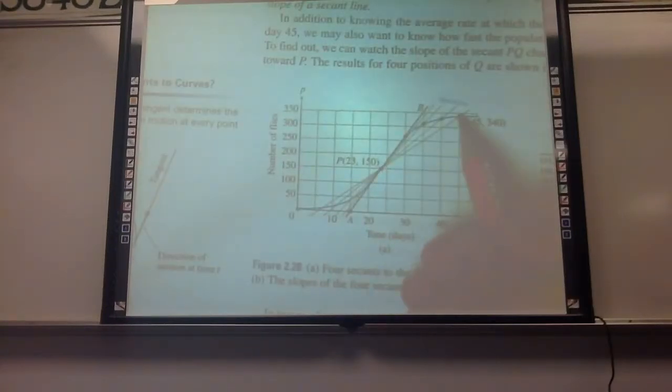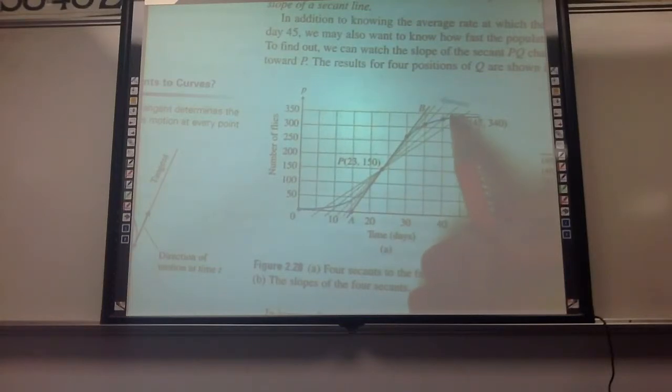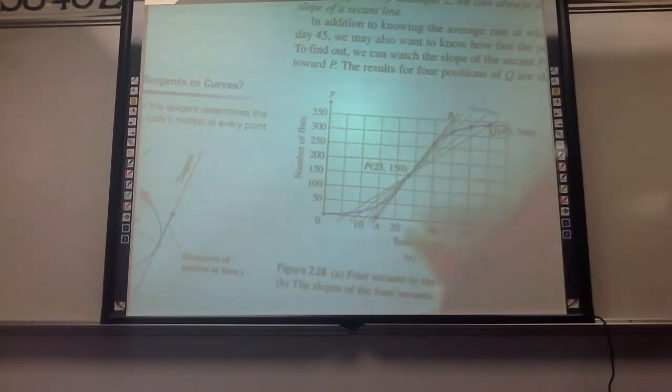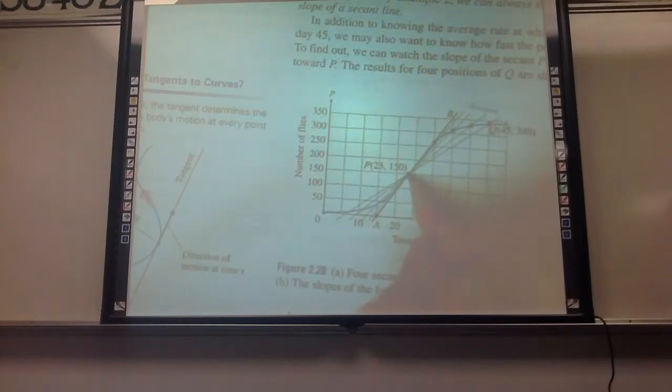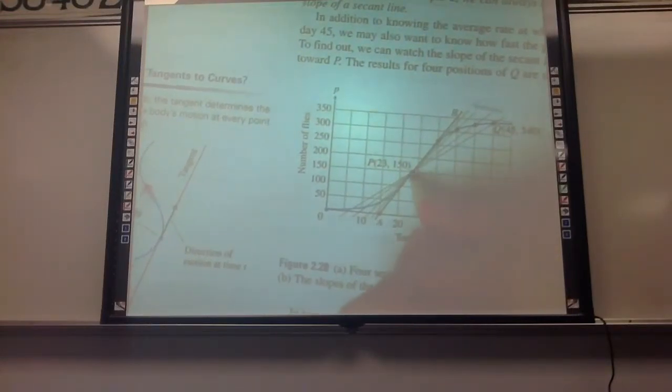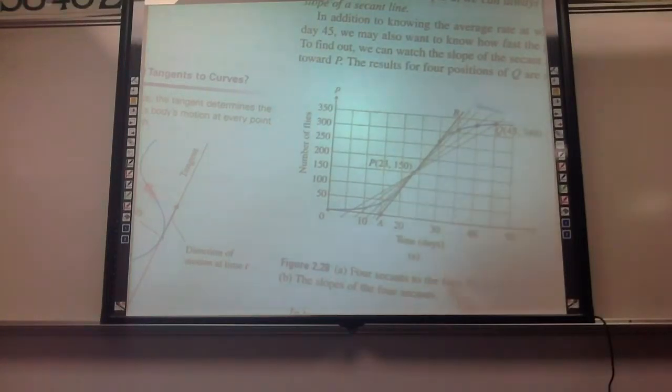The slope of the secant line here is the average rate of change between this point and this point. As we move this point closer to this one, we approach the tangent line, which just touches it at that point. The slope of that line would be the rate of change on that day.